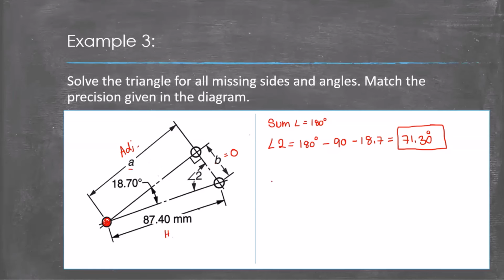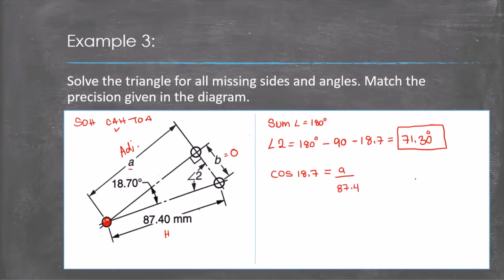If we're calculating A first, A is adjacent. If you're looking for the adjacent side, we'd use cosine. So the cosine of our angle, 18.7, is equal to the adjacent side divided by 87.4.